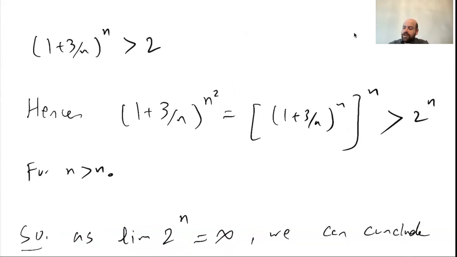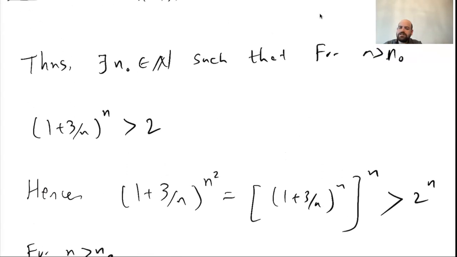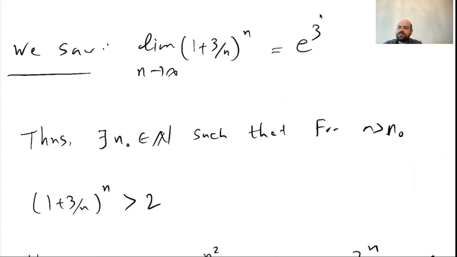So in order to handle this, we compare this with an expression which is already infinity. In fact, 2 to the power n, whose limit is already infinity as n goes to infinity. And we saw that this has to be bigger than 2 to the power n because the expression inside approaches e cubed, which is almost 20 at infinity.